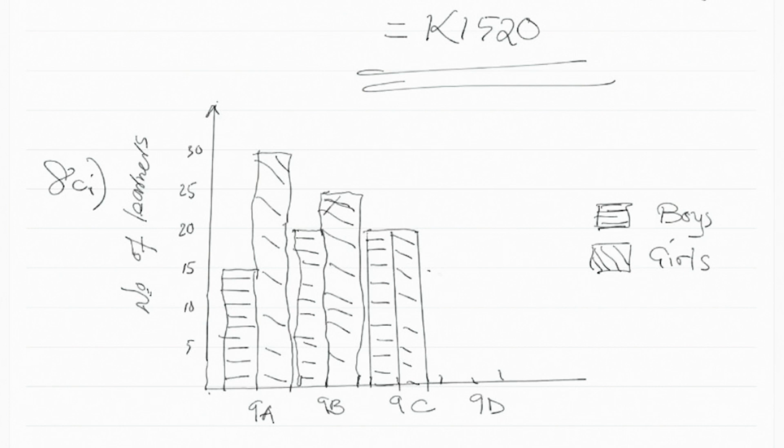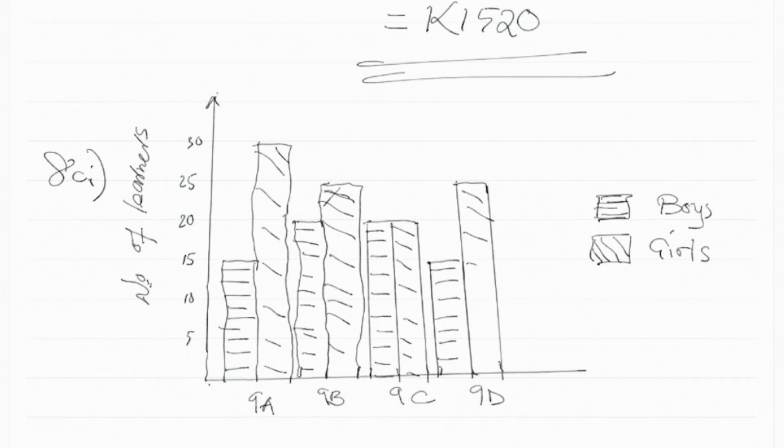It is there. So this is for boys, meaning 15 boys and 25 girls. Use the ruler as neatly as possible. So that is how you complete that bar chart as demonstrated on your screen.